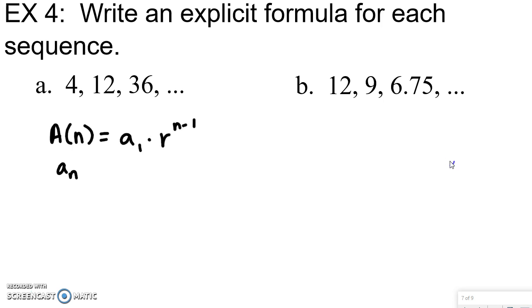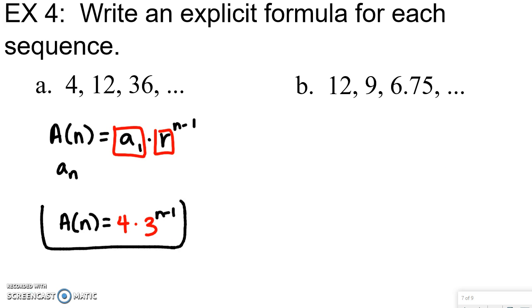So again, for the formula, I am only filling in the first term and the r. Everything else stays the same. So this equals 4 times 3 to the n minus 1.